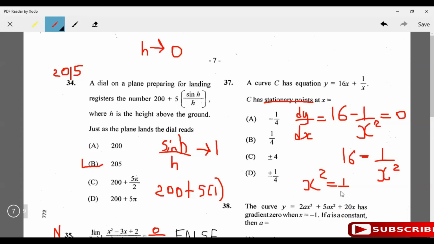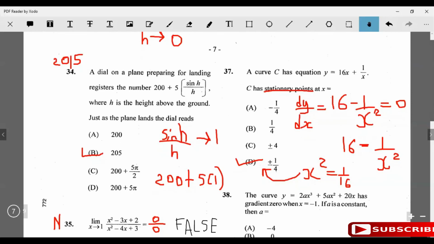If x squared is equal to 1 over 16, we square root both sides, and we get x is equal to plus or minus 1 over 4. Easy, sort of.